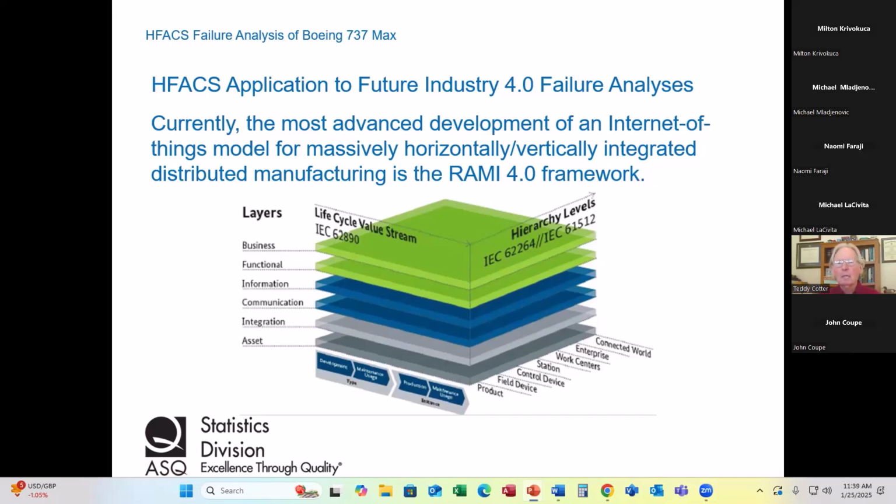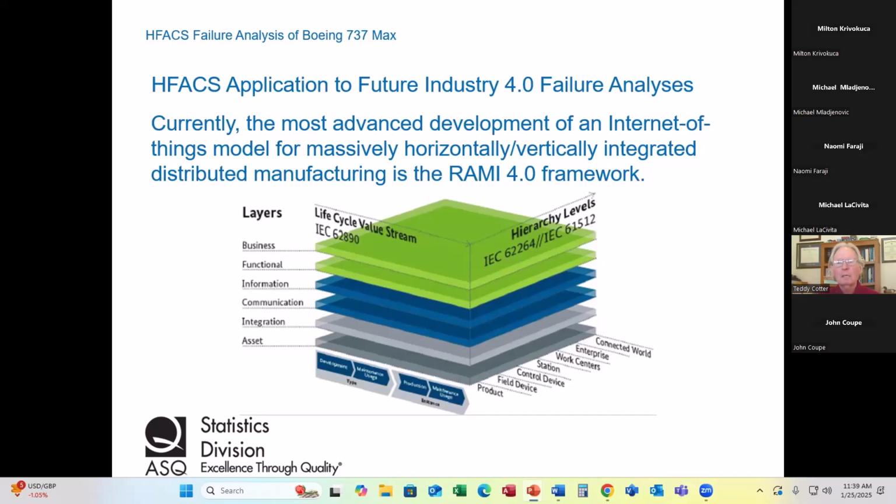On the right-hand side, hierarchy levels, those levels are from the product to the field device, to the control device, to the stations, the work centers, the enterprise, and then finally the connected world. This very much reflects the current, is it OSI? I've forgotten. It's been a long time since I've dealt with that model, but the current internet model.